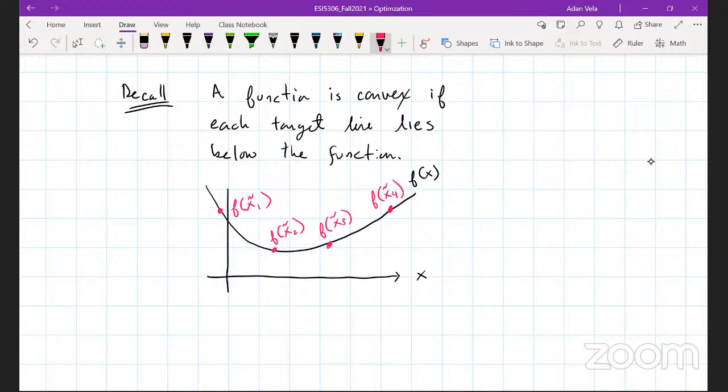Okay. So here goes x4, x3, x2, and x1. All right. So at each of these points, we're going to draw a tangent line. I'm going to see if I can draw the red tangent line.